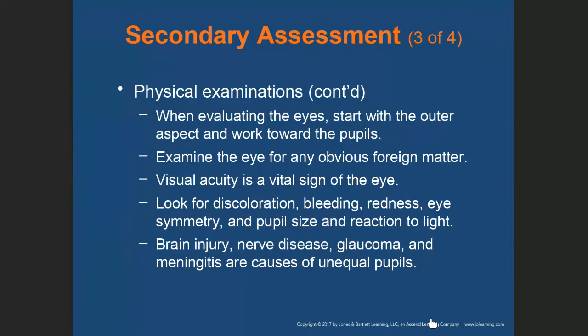Is the pupil adjusting when you bring the fingers close or when you move them away? What is the pupil reaction? So really check the eyes. Look for discoloration, bleeding, redness, eye symmetry, and pupil size and reaction to light. Brain injury, nerve disease, glaucoma, and meningitis are causes of unequal pupils.